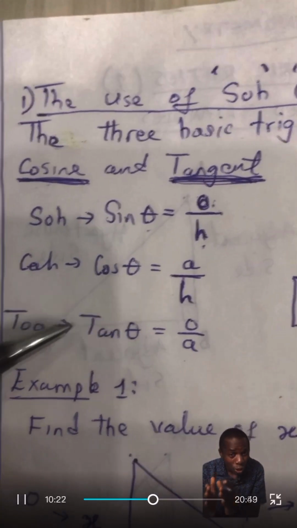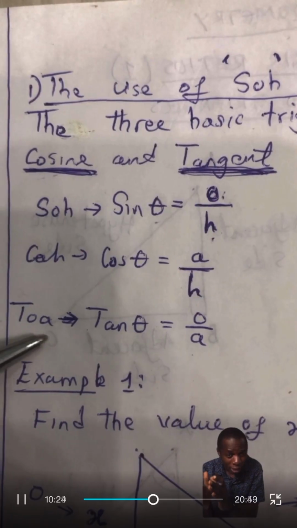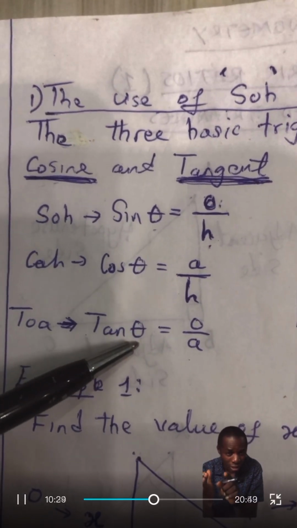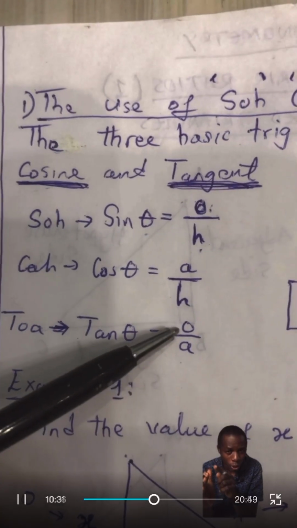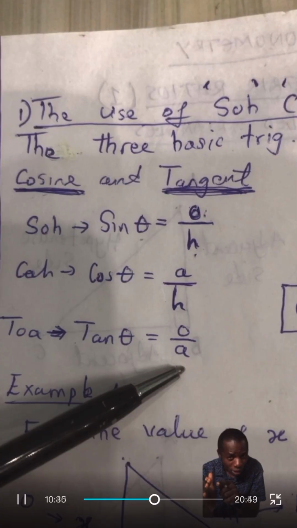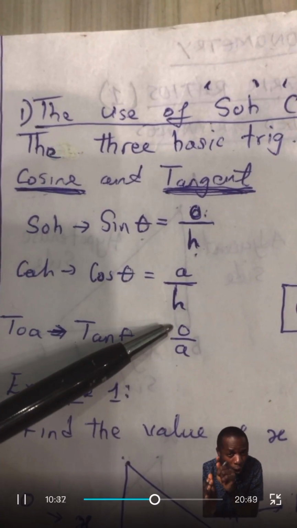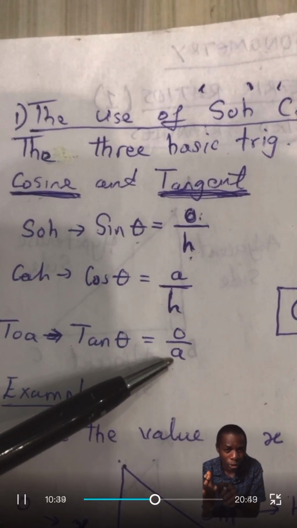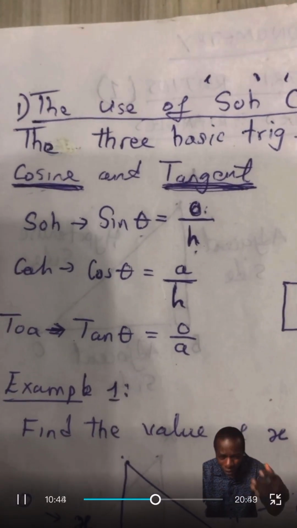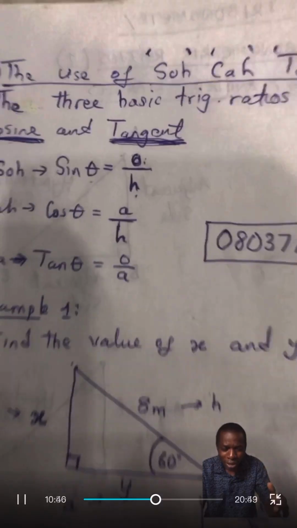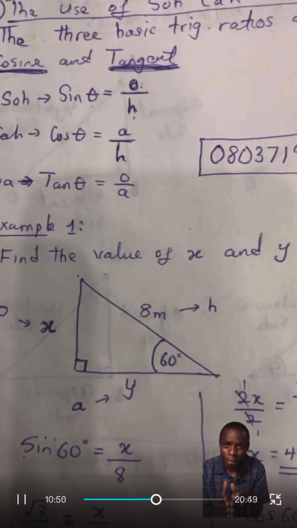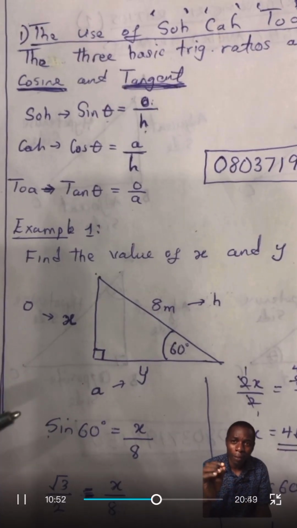All right, and the third one, which is TOA: that T stands for tangent, or you can say tan of angle, is equal to opposite over adjacent. So the order there has to be opposite over adjacent. If you do anything contrary to that arrangement, hello, you are looking for another thing. It's no longer the basic trigonometric ratios. All right, now we have an example. So we have example one here.